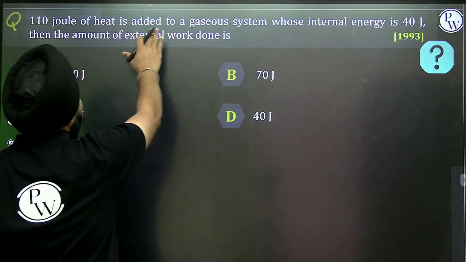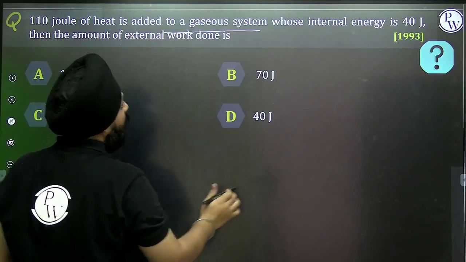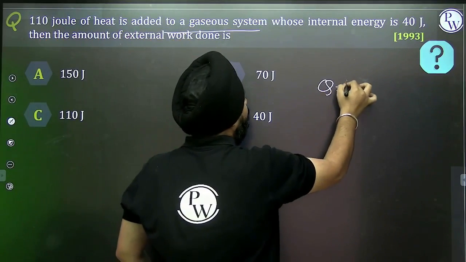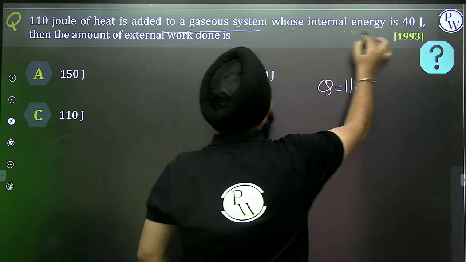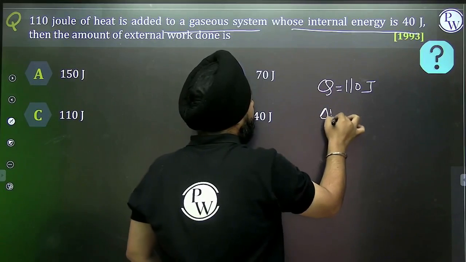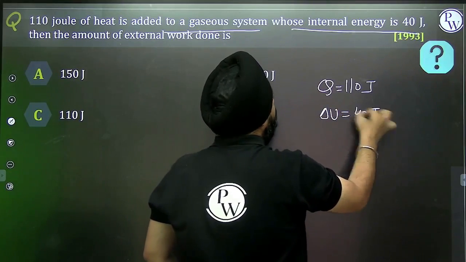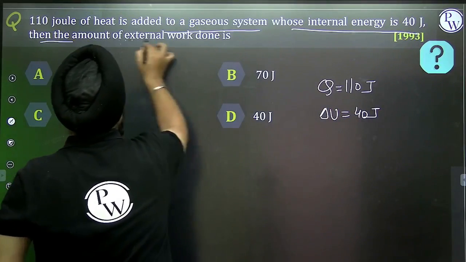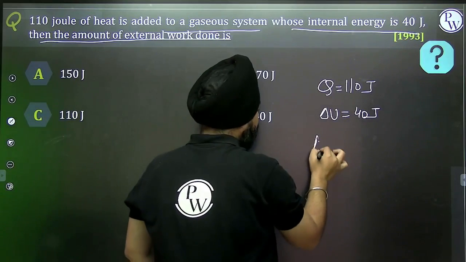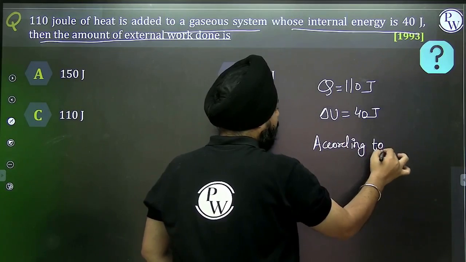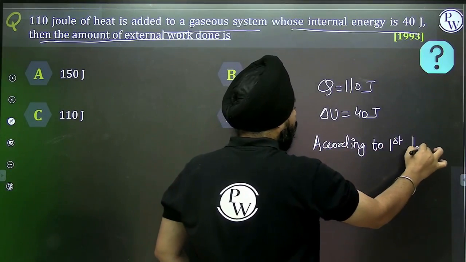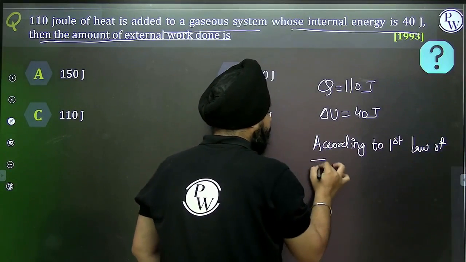110 joule of heat is added to the gaseous system. How much heat is added? 110 joule. Very simple. Change in internal energy is 40 joule, delta U is equal to 40 joule. Then the amount of external work done is, we need to calculate the work done according to the first law of thermodynamics.